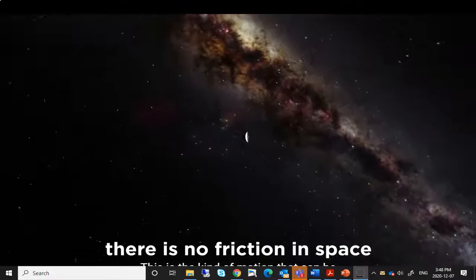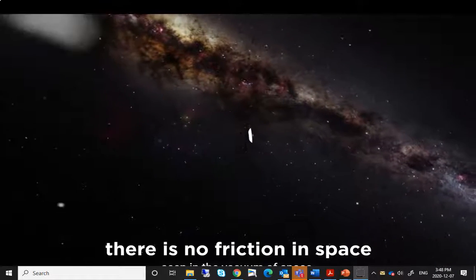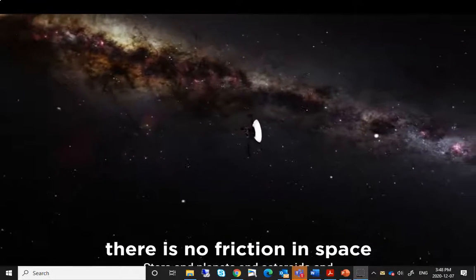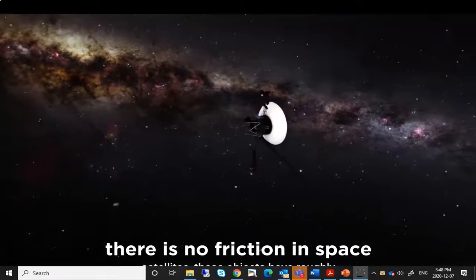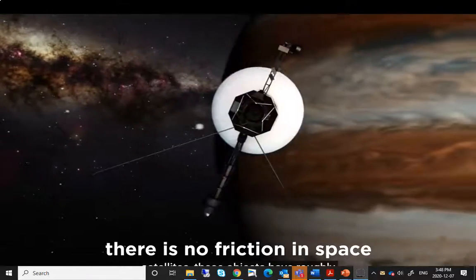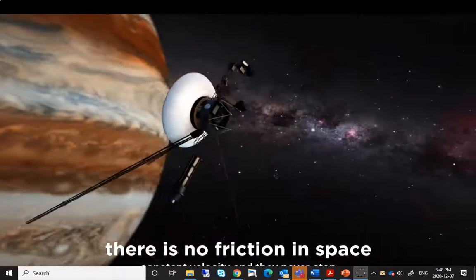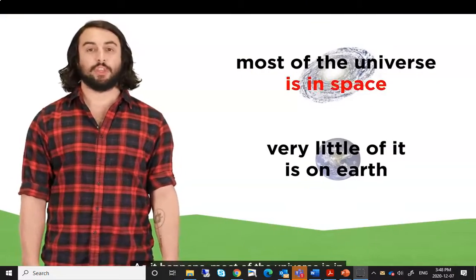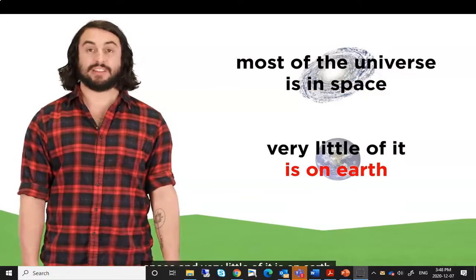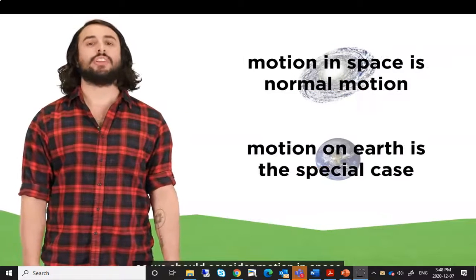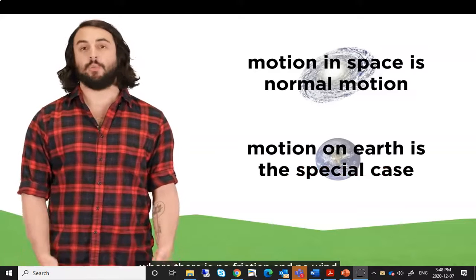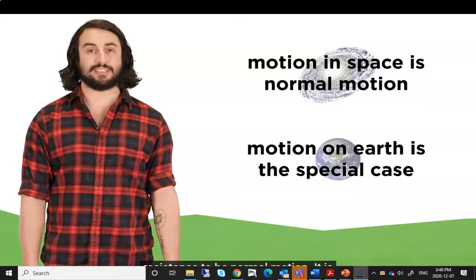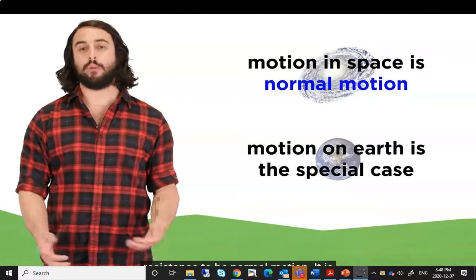This is the kind of motion that can be seen in the vacuum of space. Stars and planets and asteroids and satellites, these objects have roughly constant velocity, and they never stop moving. As it happens, most of the universe is in space, and very little of it is on Earth. So we should consider motion in space, where there is no friction and no wind resistance, to be normal motion.